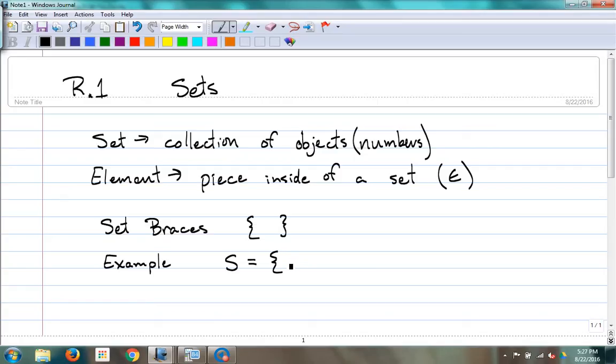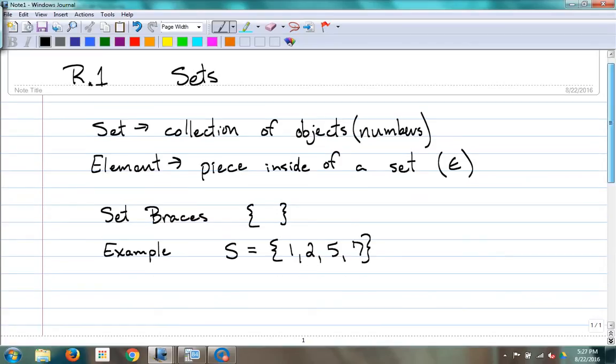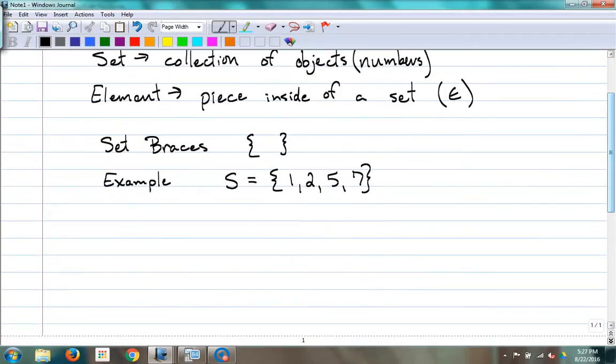And it might have some numbers in it like 1, 2, 5, and 7. I just made those up. Not any real rhyme or reason to why I picked those numbers. Just pick some numbers to be in that set. Okay? Now, that's our set. All of these pieces on the inside, the 2, the 1, the 5, and the 7, are elements of that set. Okay? So I could tell you that 2 is an element of S.